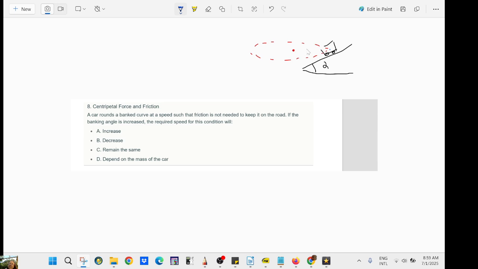You need to have a centripetal force. The centripetal force can be provided by the friction. It wants to slide down, but there is static friction. But also mostly by the normal force. So it means you can still go around the circle even without friction.